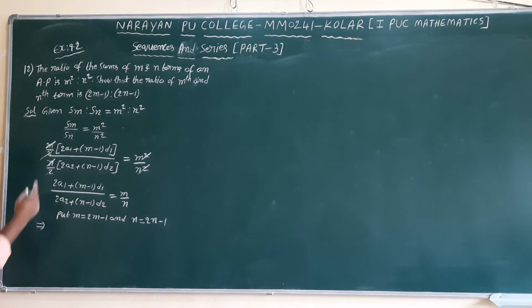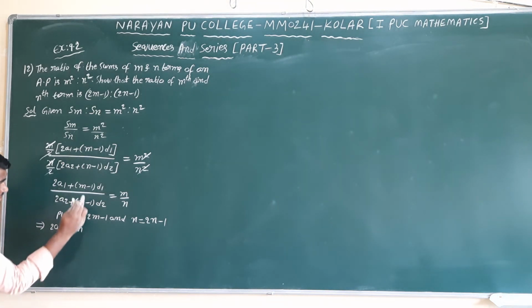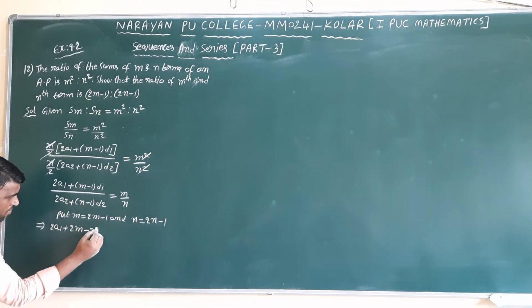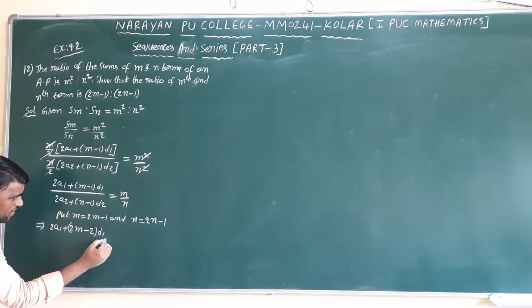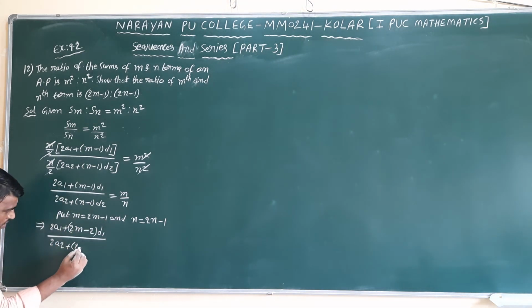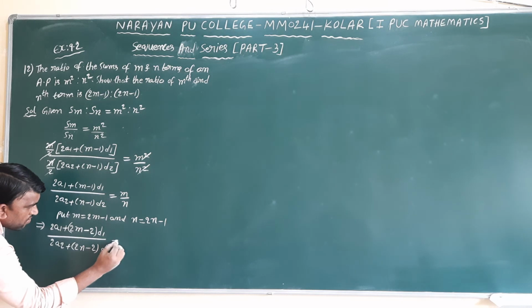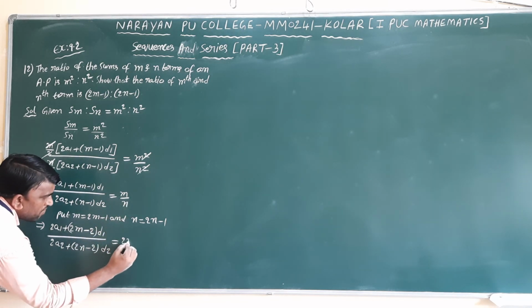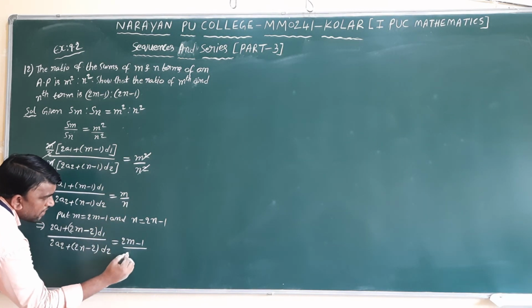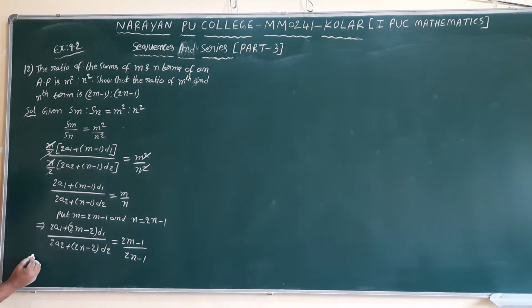Then it is converted into the mth term and nth term. 2A1 plus 2m minus 1 minus 1, into D1, divided by 2A2 plus n value is 2n minus 1, 2n minus 1 minus 1, into D2. On the right side also m value is 2m minus 1 divided by n value 2n minus 1. So from both you can take 2 common.